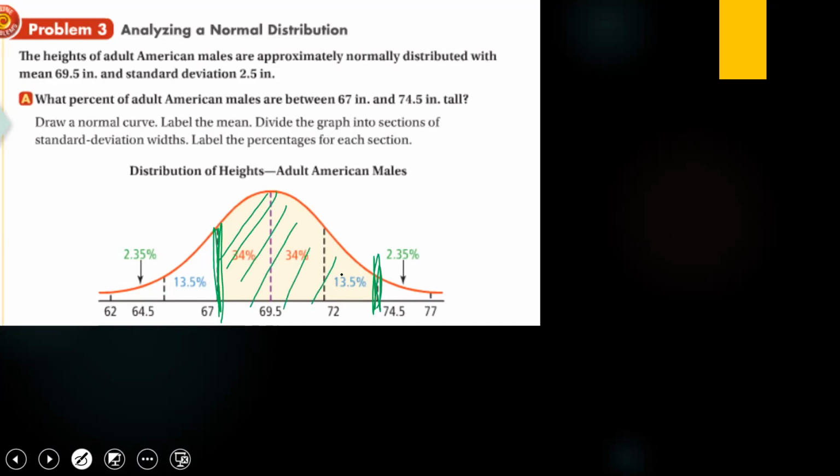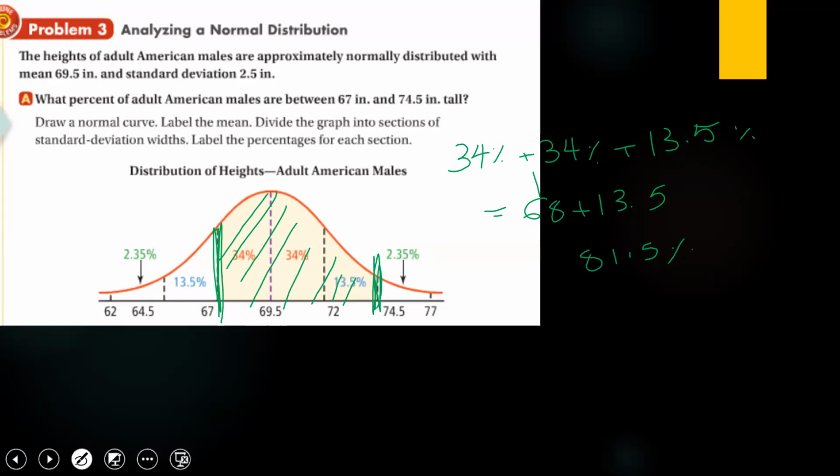So the percent here will be 34% plus 34% plus 13.5%, which is 68 plus 13.5. It will be 81.5 percent of adult American males between 67 and 74.5.